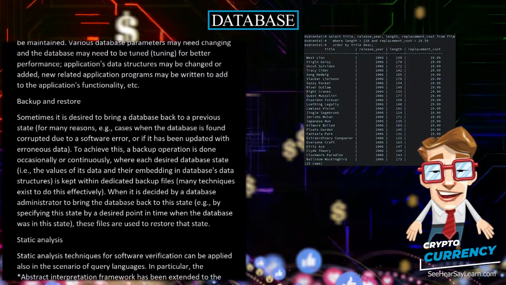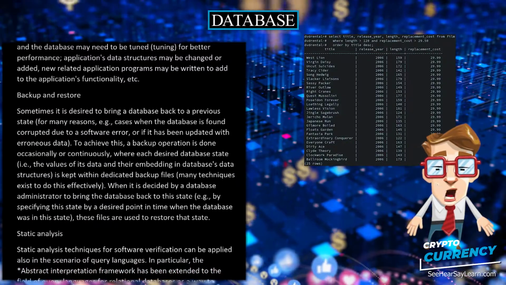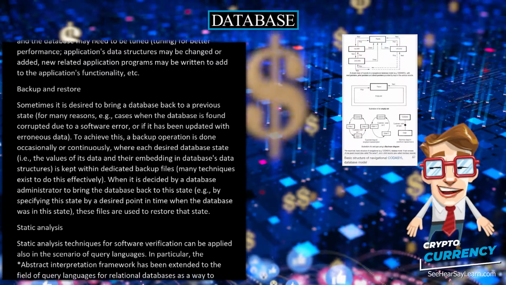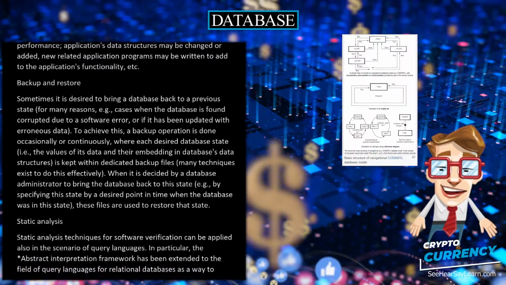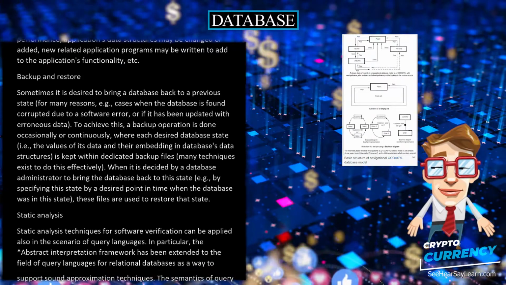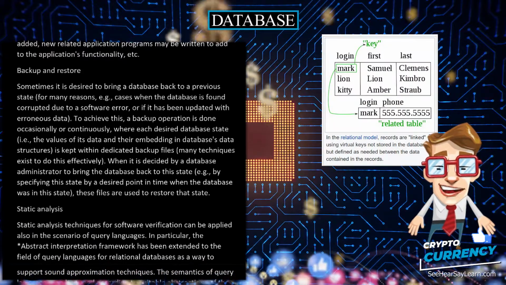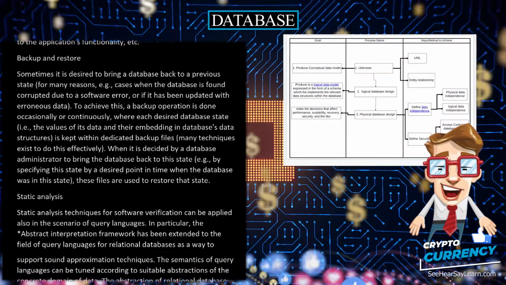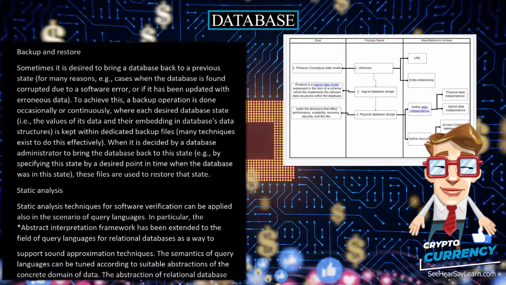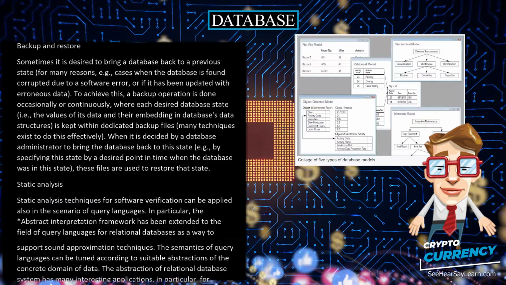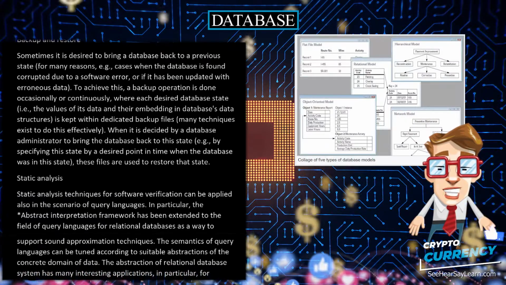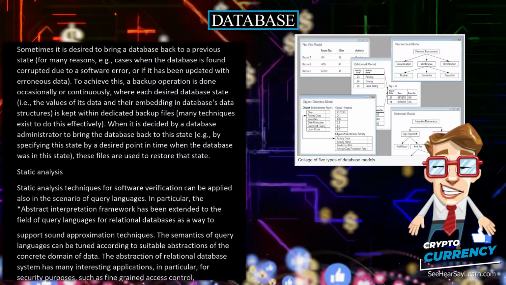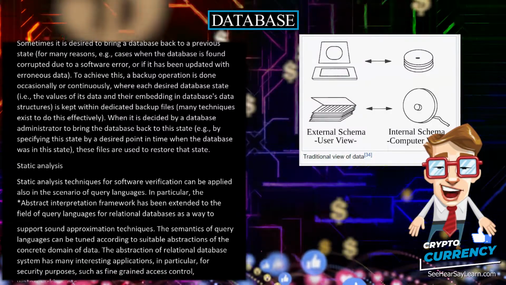Many techniques exist to do this effectively. When it is decided by a database administrator to bring the database back to this state, e.g., by specifying this state by a desired point in time when the database was in this state, these files are used to restore that state.